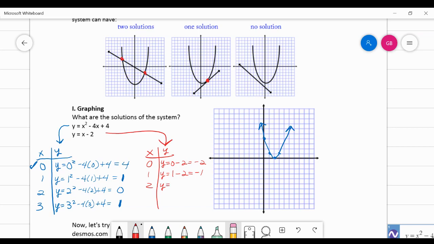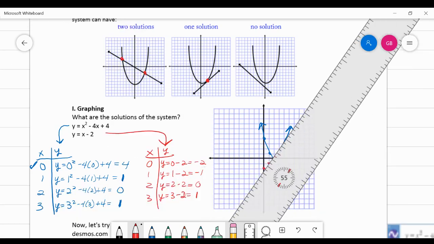If x is 2, y is 0. If x is 3, y is 1. So let's start graphing these. 0, negative 2, 1, negative 1, 2, 0, 3, 1.